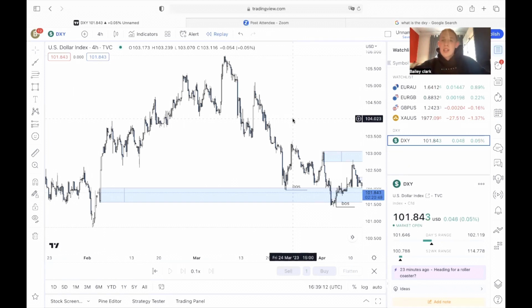Normally I find actually that it is more useful on pairs that are not perfectly correlated with it. So for example, if you go on USD JPY, you'll see that there is a slight positive correlation between DXY and UJ. However, it's not perfect, meaning that basically the areas don't normally coincide. So with EU and DXY, the areas are basically the same but flipped.